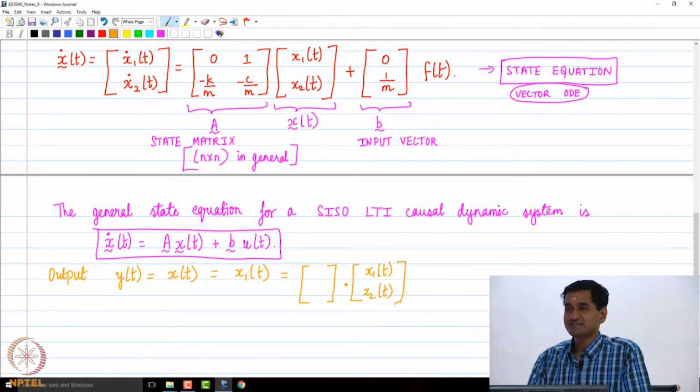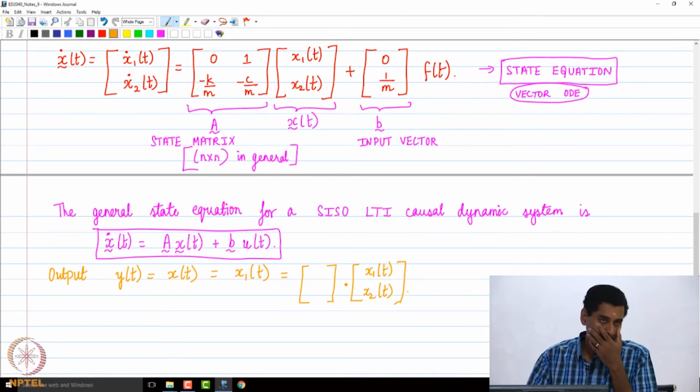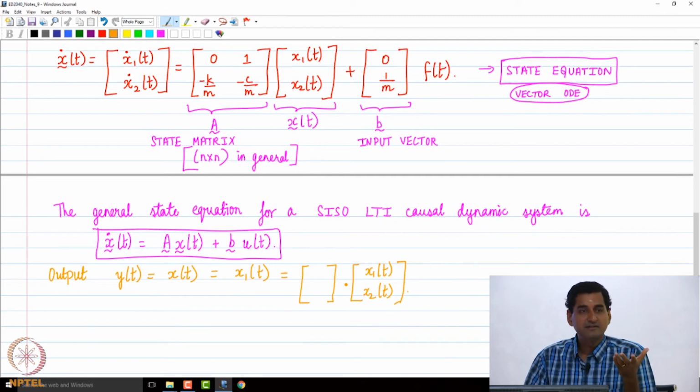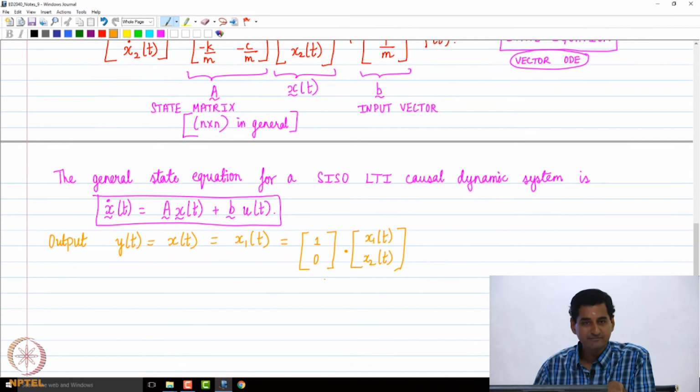Suppose I want to generalize and rewrite it as some function of the state vector itself. How can I extract x1 from the state vector x1, x2? If I take the dot product of 1, 0 with x1 and x2, do I get x1? Correct? Do you agree?